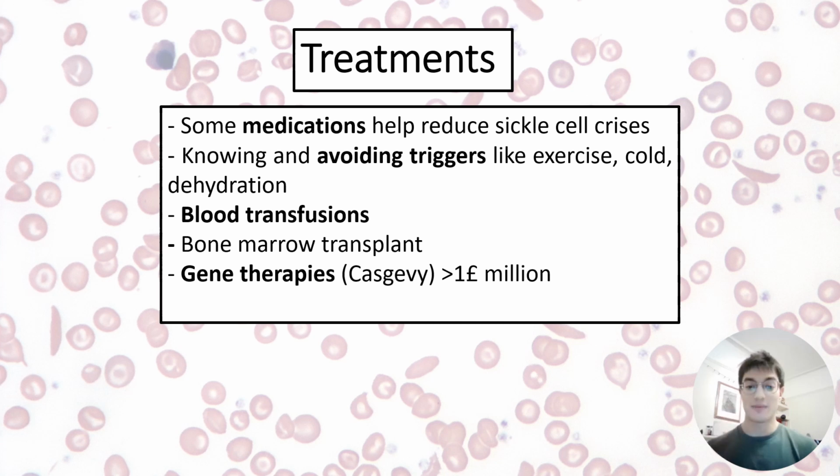And this treatment basically involves taking out someone's stem cells in their bone marrow. So taking out bone marrow, you genetically alter the bone marrow and then you put it back in. So you correct the genetic error, and now these people are producing normal hemoglobin and they won't be getting any sickling. So that's a really revolutionary treatment. Not yet widely available, but hopefully more and more people will have access to that.